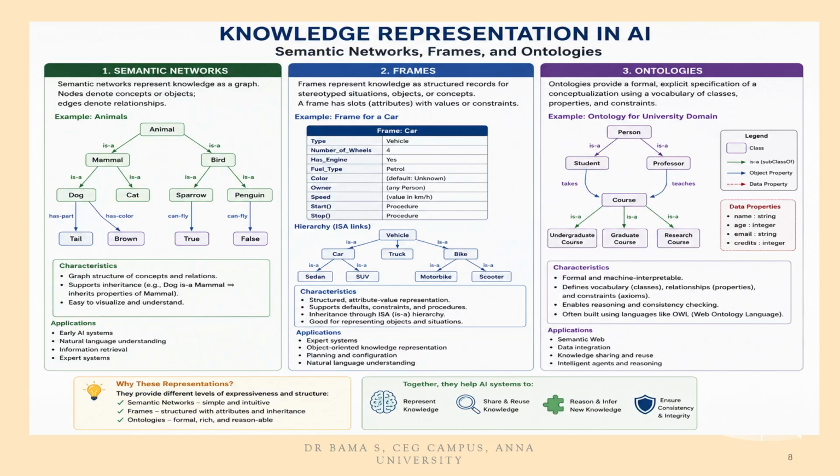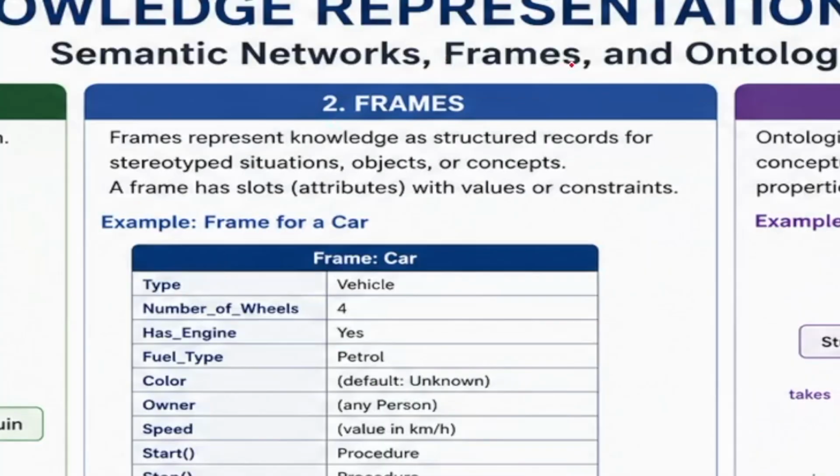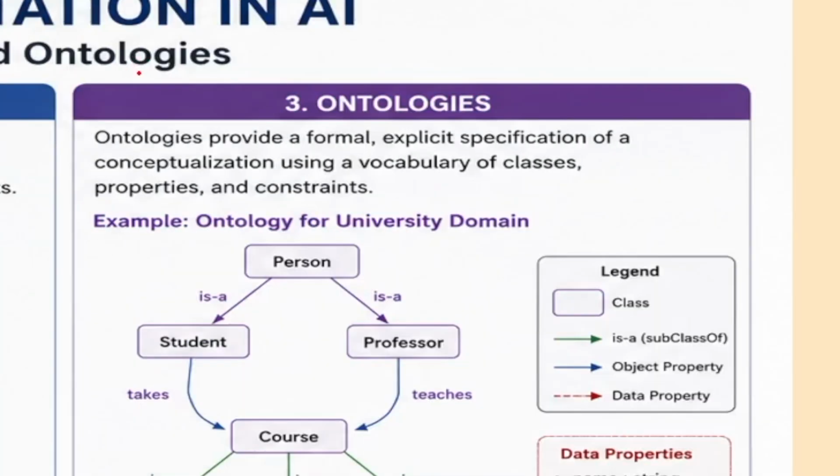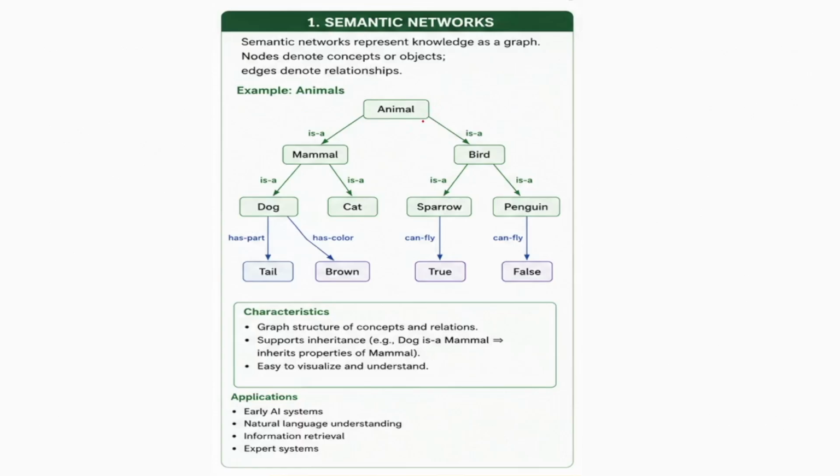And using logic, the third unit that we specified is knowledge representation, where apart from the object oriented approach we saw about three types. One is the semantic network, frames and ontologies. In the semantic network, this is an example that is given in the animal world.